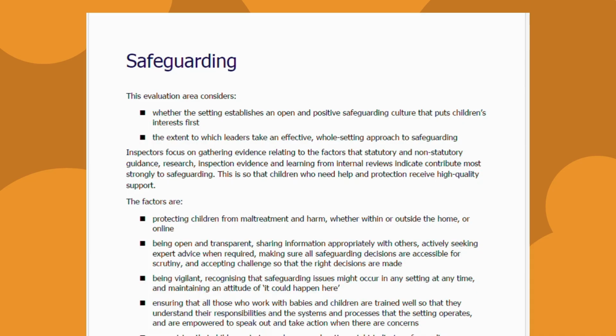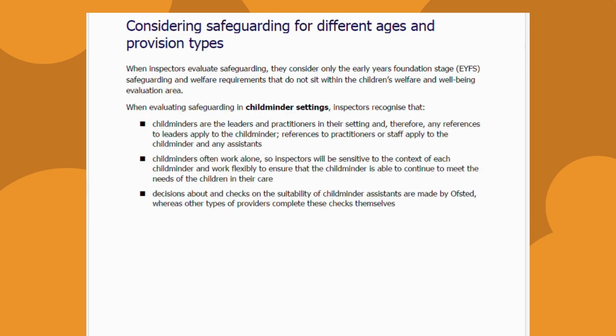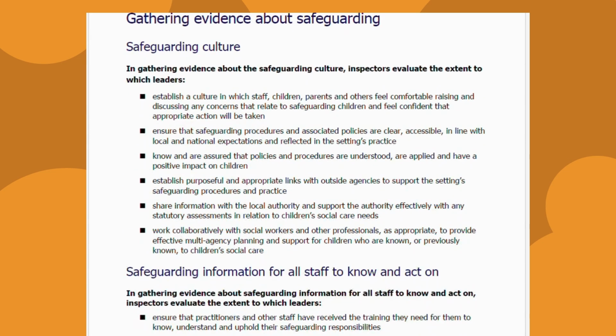These are the themes inspectors will focus on gathering evidence relating to. As with the other areas, the next page shows the considerations for different ages and provision types. Here you will find detailed what inspectors recognise for childminding settings. And then moving on to the next page, you'll see listed what the inspectors consider when gathering evidence about that evaluation area, like all the others.